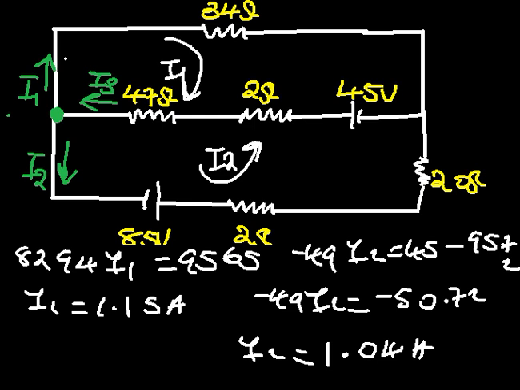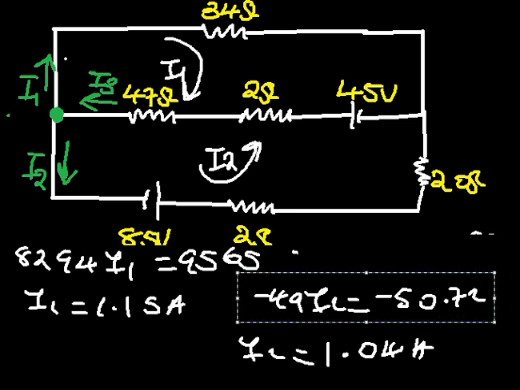Then for I3, we'll just have to simply substitute into the first equation, that was according to Kirchhoff's junction law.